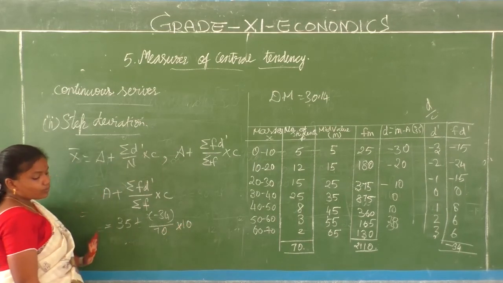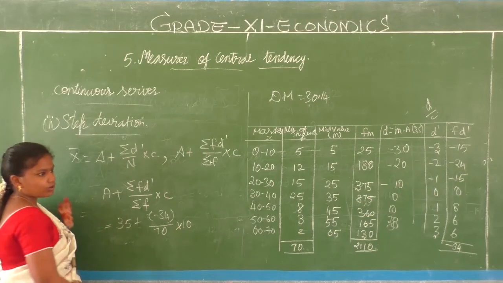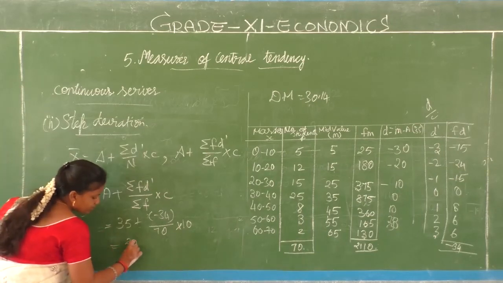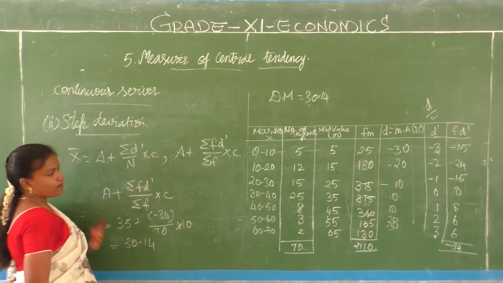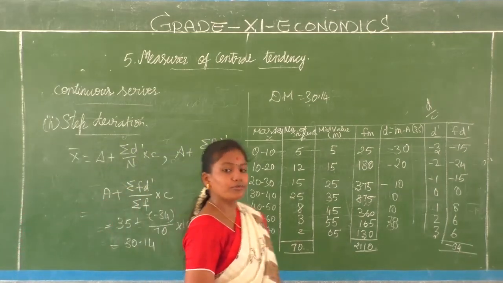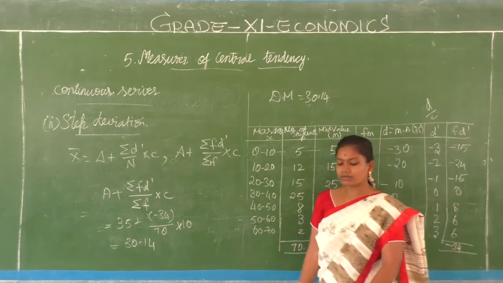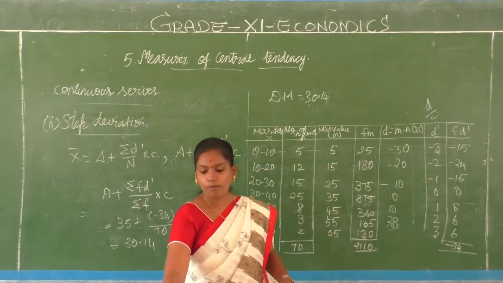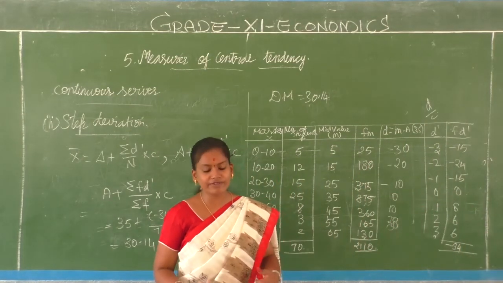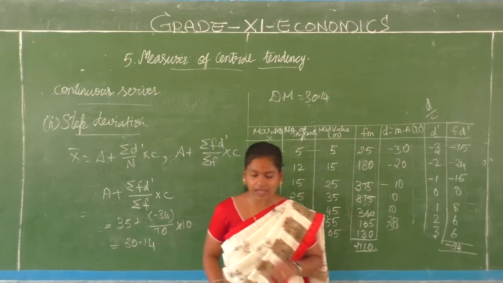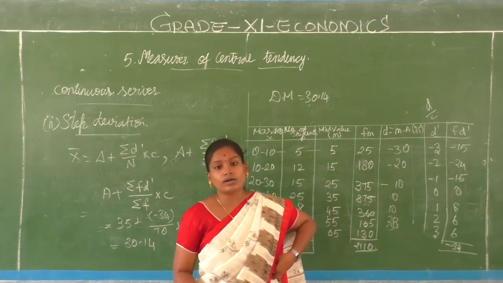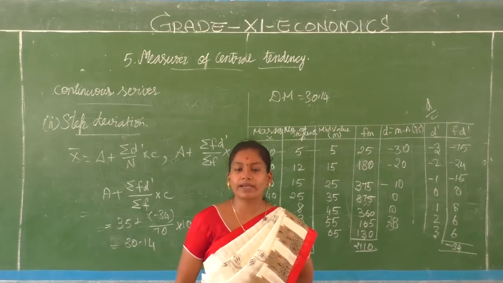Okay? You will get an answer of 30.14 marks. From the assumed mean method also, we are going to get the same answer. What answer have we got? 30.14 marks. They have asked you to calculate the average marks, and that is the reason you have calculated it with the same unit of measurement, marks.